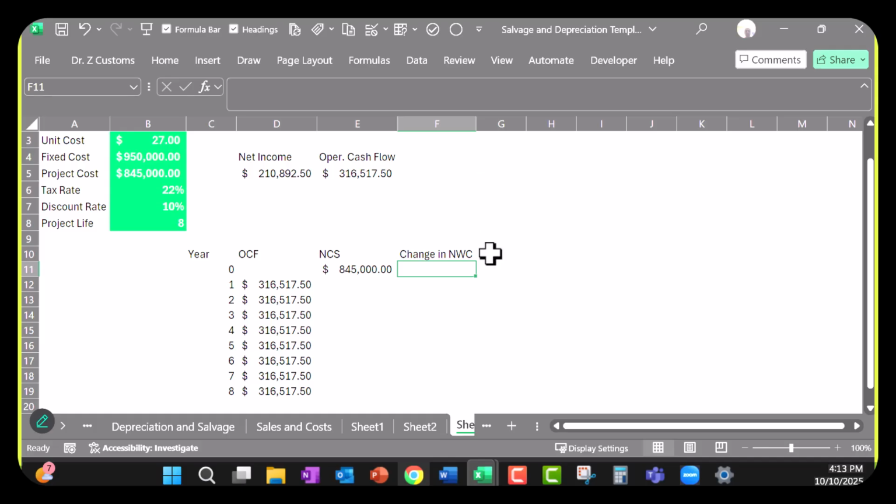For this problem, it's 0, but I'm just putting it there for completeness.